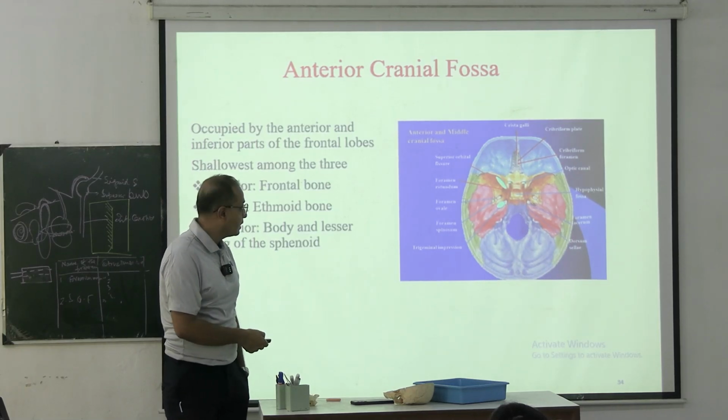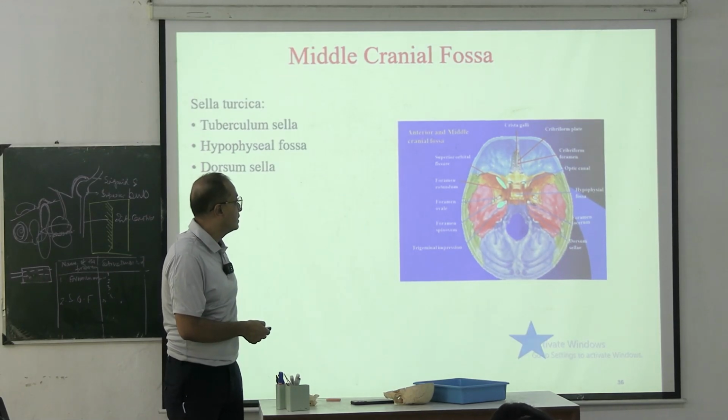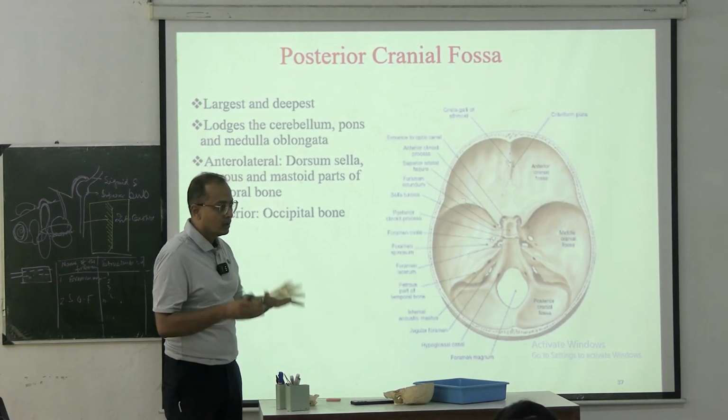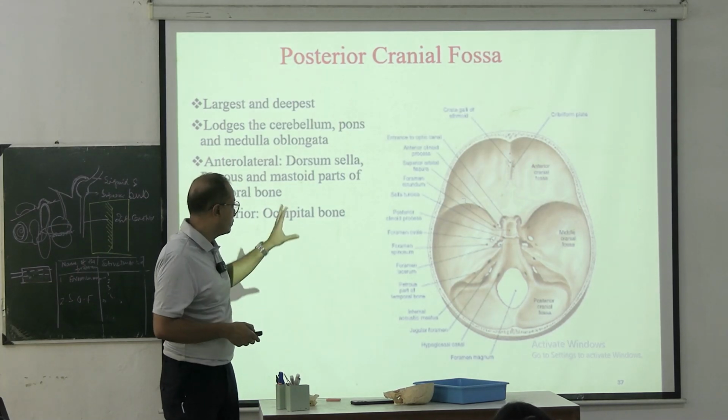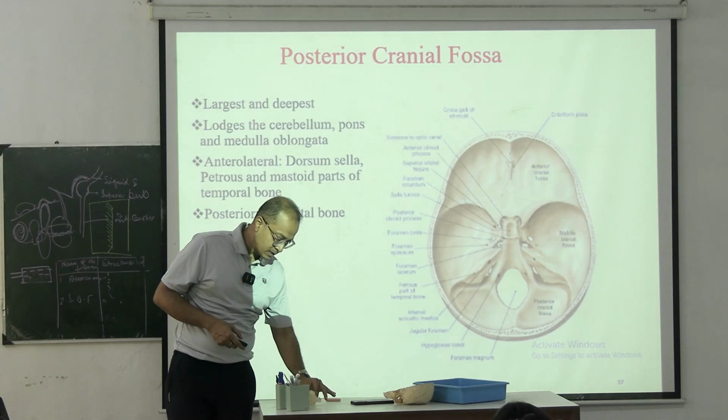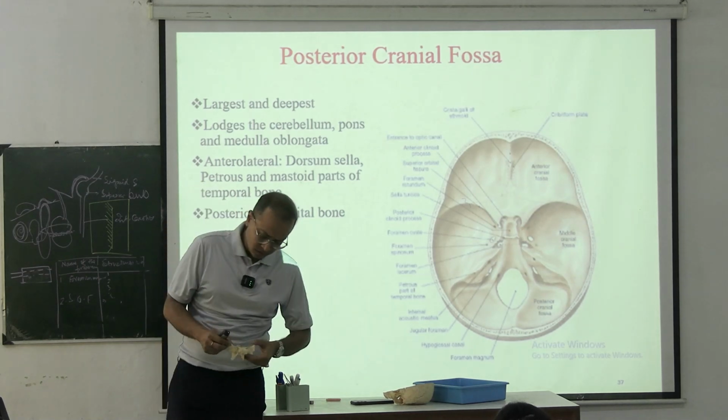Other than this, the sphenoidal sinus opens into the nasal cavity. We will learn about this in the paranasal sinuses. I do not want to complicate these parts at this point because this is the osteology class.